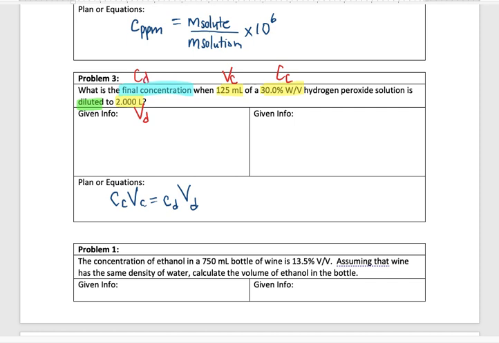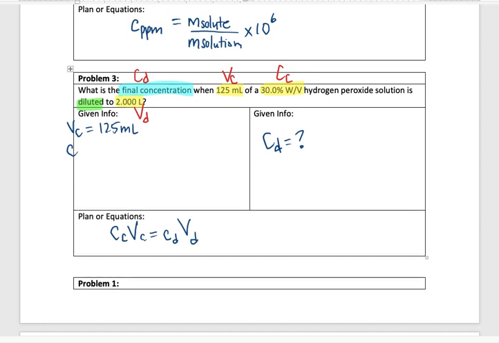So we have our concentrated, our diluted, and our final concentration. That means this is the watered-down one. Sorry about this label, I'll fix it in a sec. We have our diluted concentration, that's our goal, but we have our concentrated volume, 125 milliliters, and our concentrated concentration of 30%.